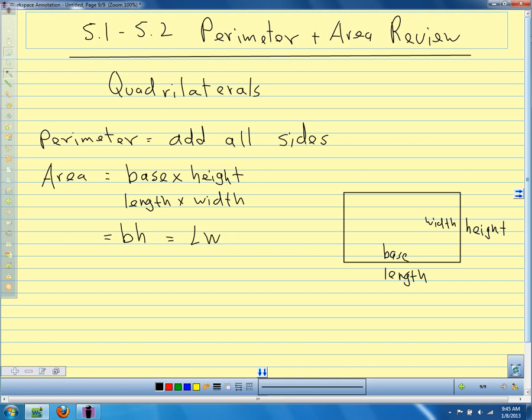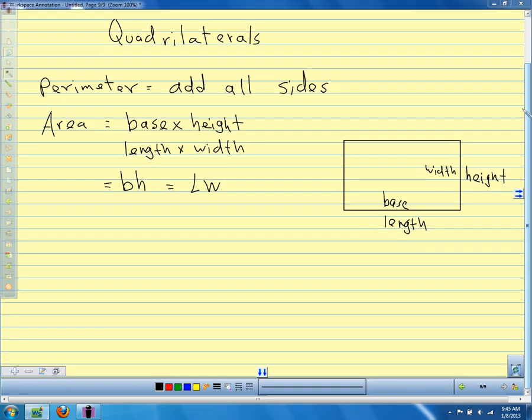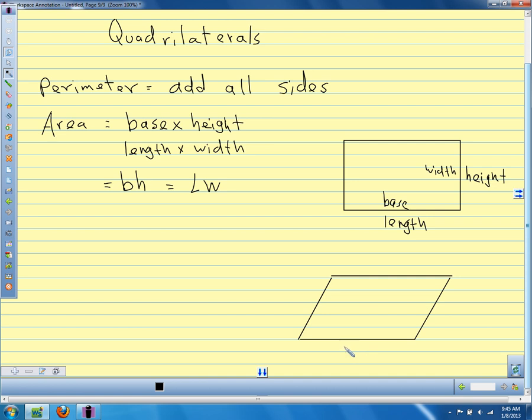It turns out that for parallelograms, it's the same formula. So let me draw a parallelogram here to go with the one in your flip book. For a parallelogram, we can think of it the same way, but if this is the base, the only difference is our height has to go at a 90-degree angle to the base.